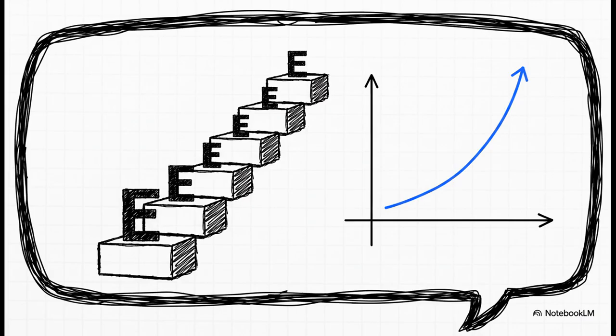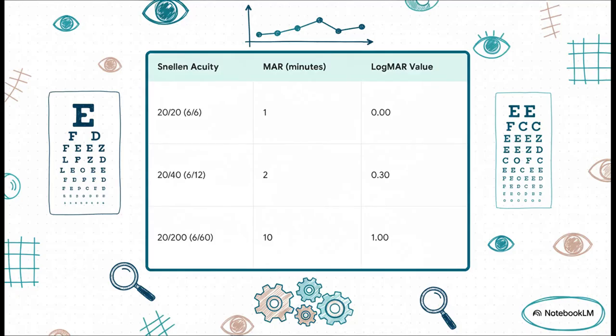Now, why on earth would we do that? Well, because using a log scale ensures that the change in letter size from one line to the next is perfectly, mathematically proportional. Every single line on the chart represents an equal step in visual challenge. No more guesswork. Okay, this table here, this is where it all clicks. Look at how we translate the old system into the new one.